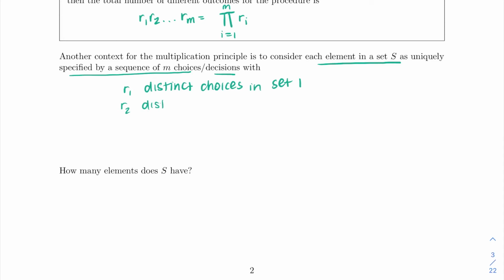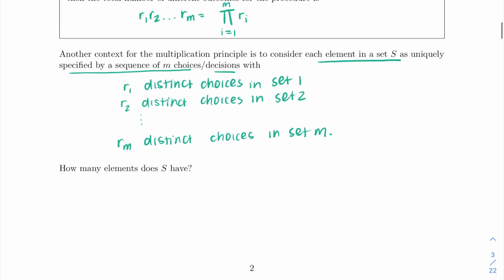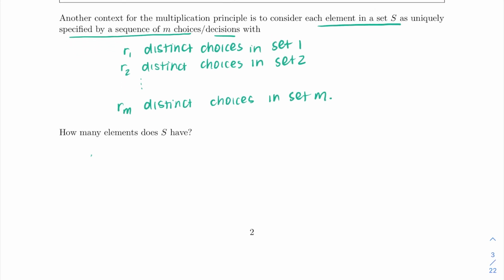R2 distinct choices in set 2 all the way up to RM distinct choices in set M. And then set S will have R1, R2, R3, RM elements.